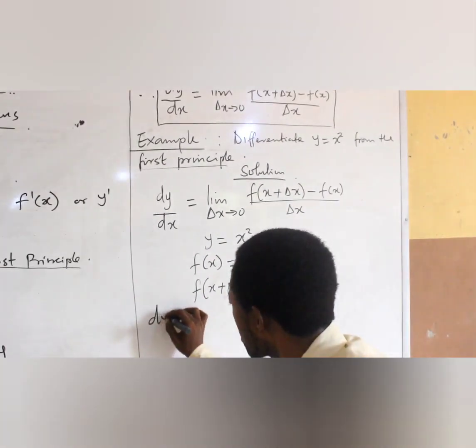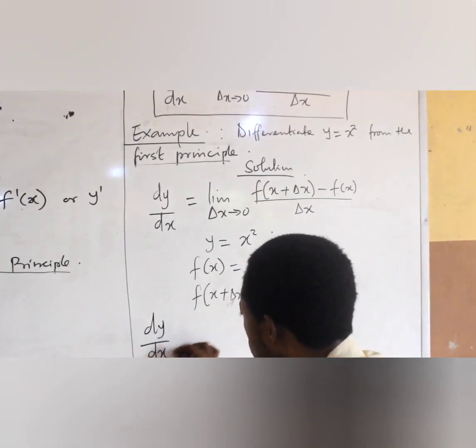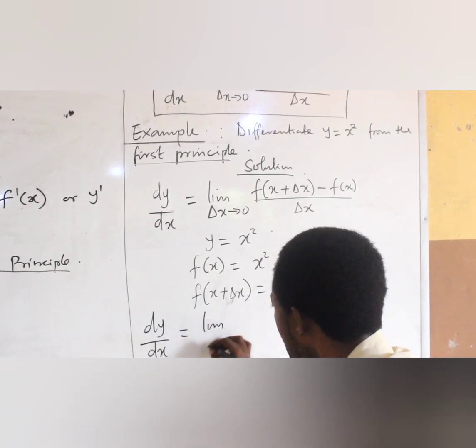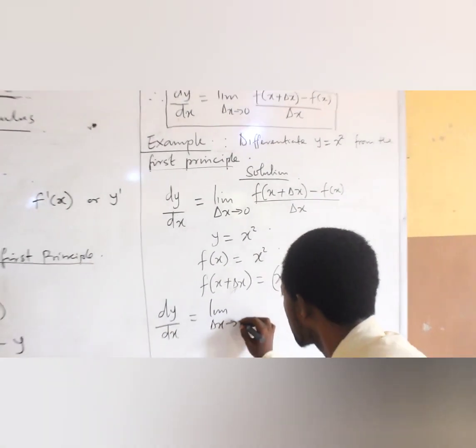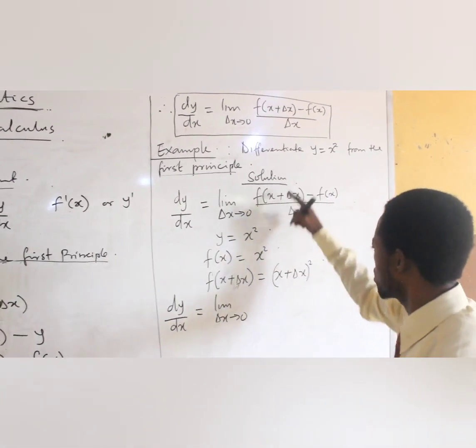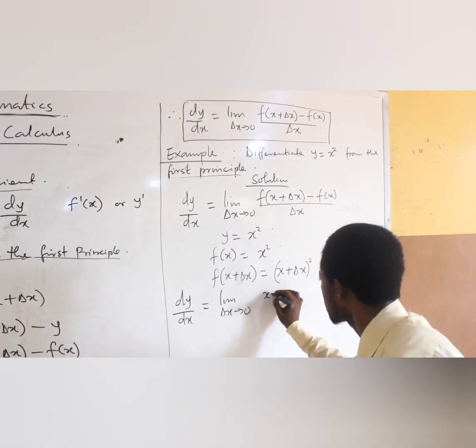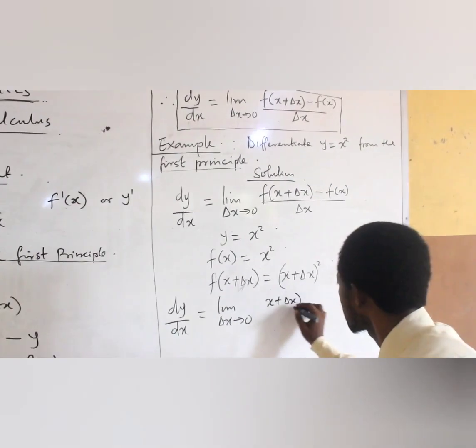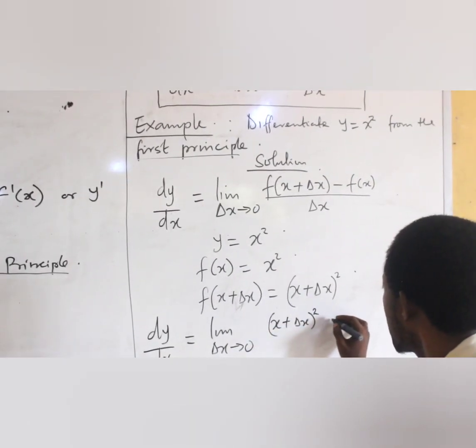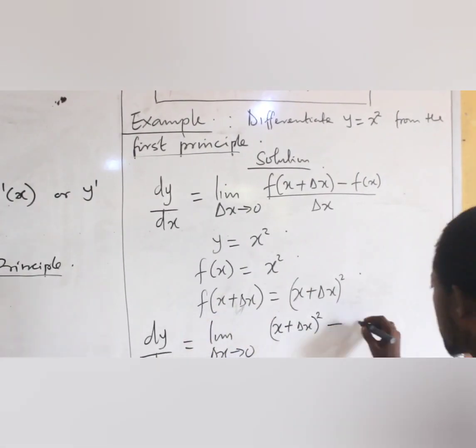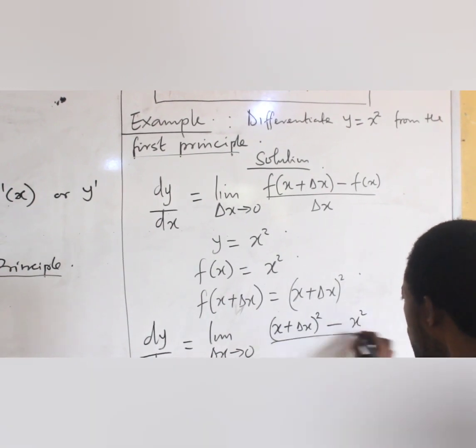Our dy dx now becomes limit as delta x tends to 0 of f of x plus delta x, which is now x plus delta x squared, then minus f of x. Our f of x is x squared, then over delta x.